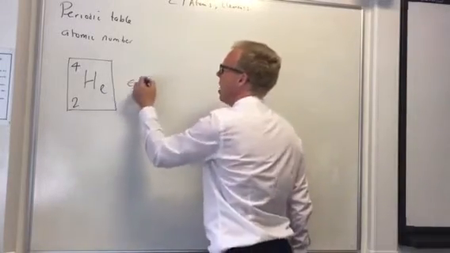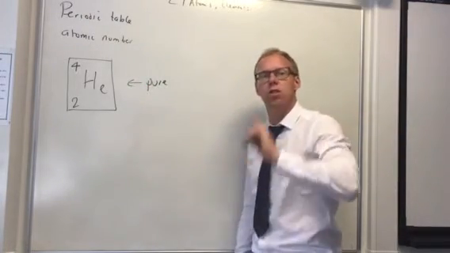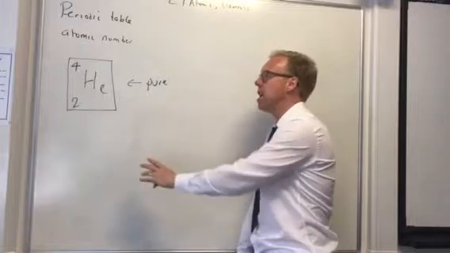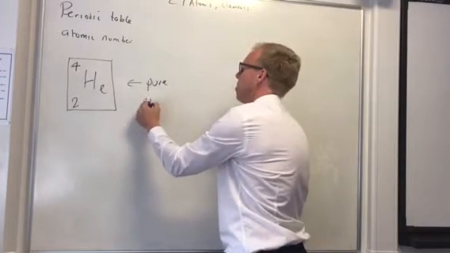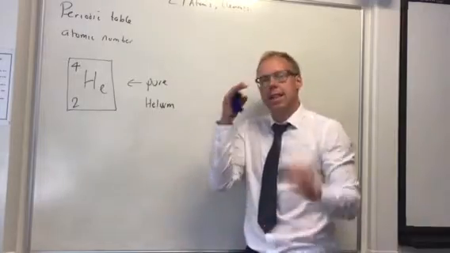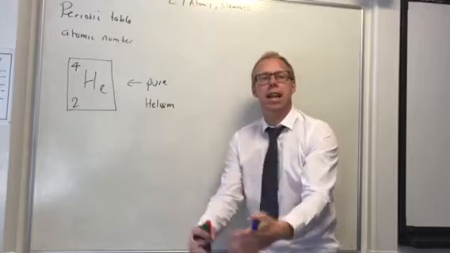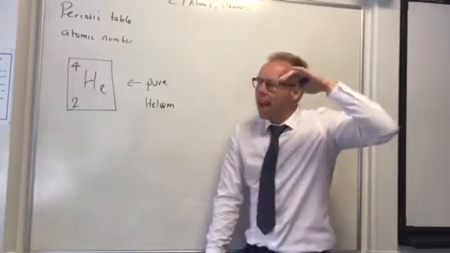Anything in the periodic table is pure. In other words, it contains only those type of atoms. So this is He, which is a symbol for helium. And what that means is that if you find some helium, it only contains helium atoms.